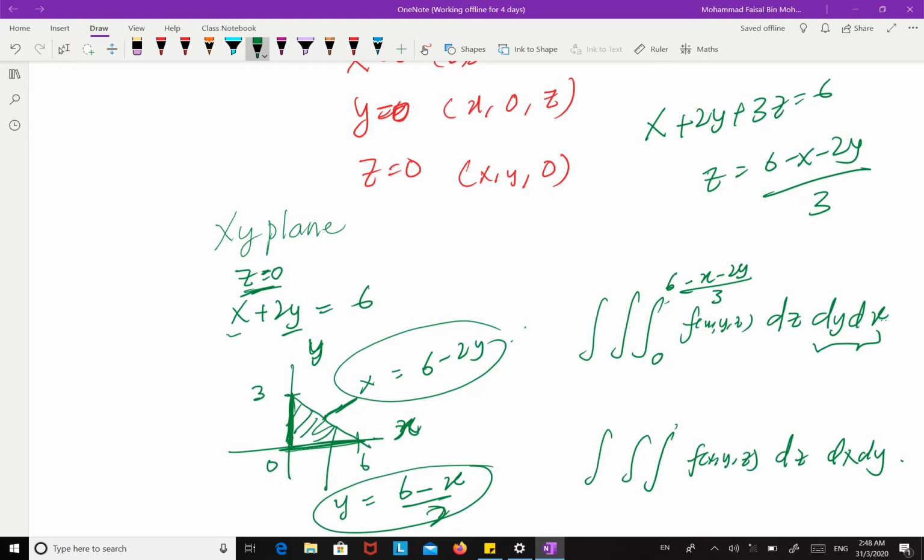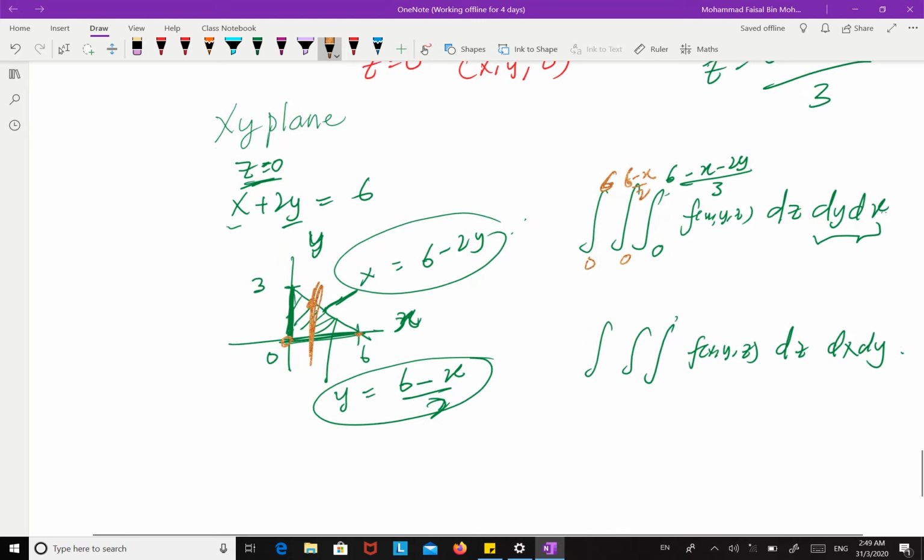Here x is from 0 to 3? No, your x is from 0 to 6. How about your y? Your y is from 0 up to here, so y should be (6 minus x) over 2.